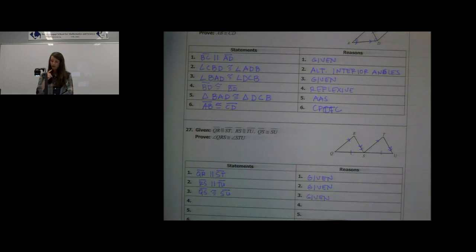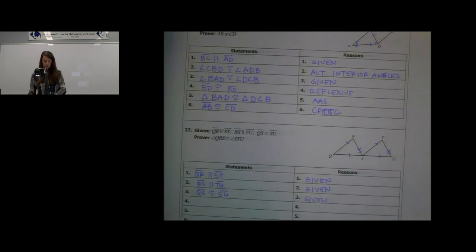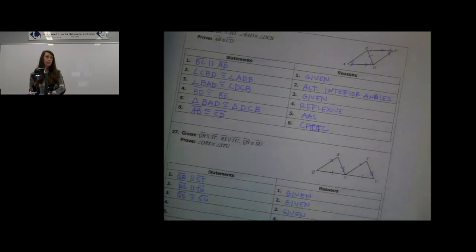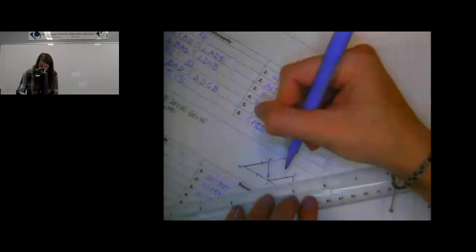Okay, so if this line, I'm going to try to go like this so maybe you can see it a little bit. These are parallel here.